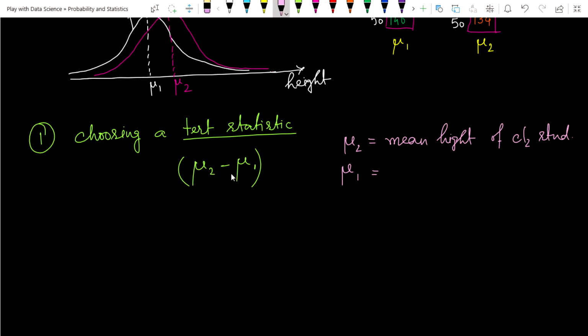It doesn't matter; according to your test statistic, our next algorithm will be designed. Suppose in this case we have considered mu2 minus mu1.